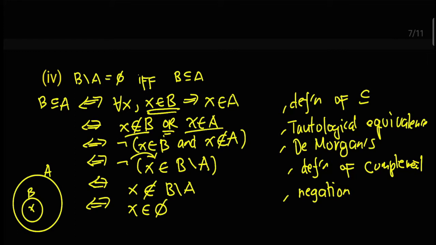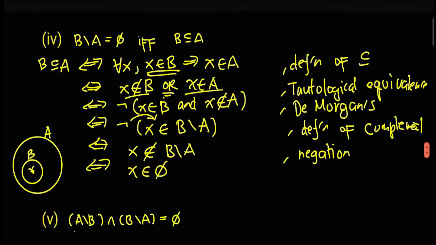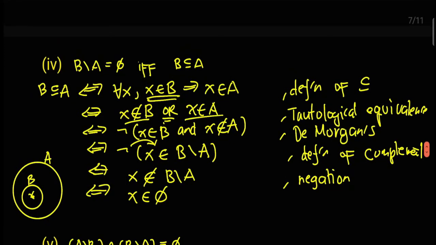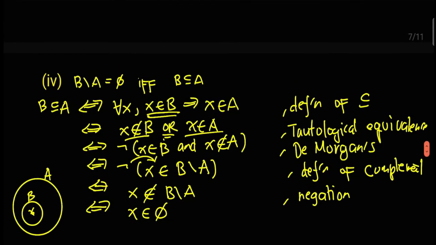Right? So our X cannot be in B and also be an element of B except A if B except A has elements. So it can only happen if B except A is empty.